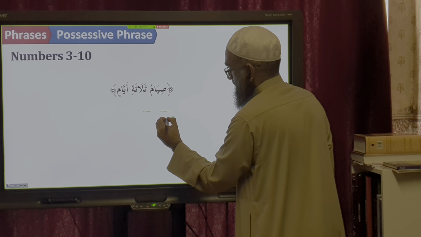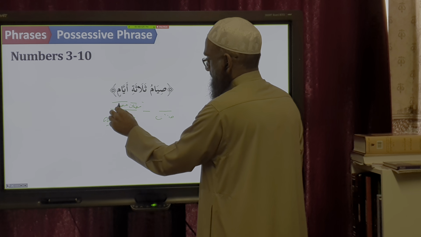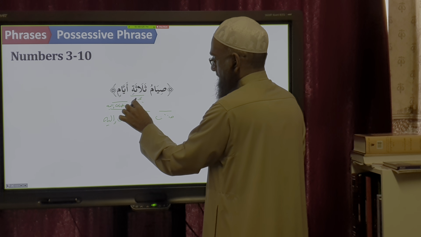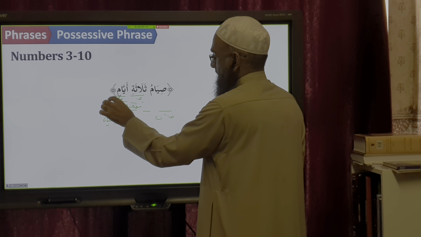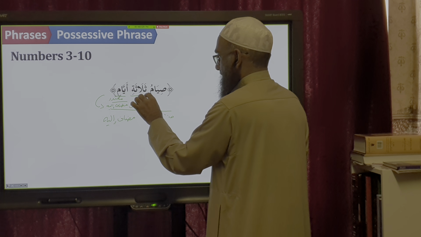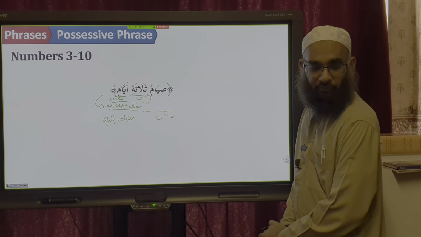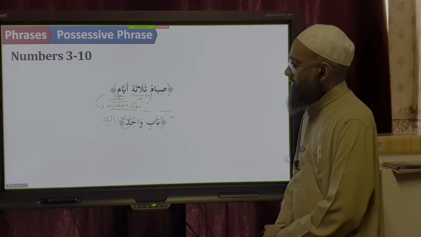Thalathati ayyam is going to be mudaf ilayhi. Then thalathati is mudaf and ayyam is mudaf ilayhi. Thalathah is adad, ayyam is ma'dood. This should have been here ideally, but I forgot to leave space. So translation: the fast of 3 days. Okay.